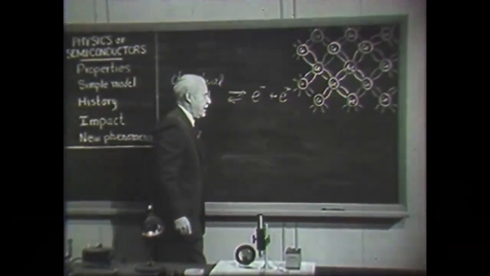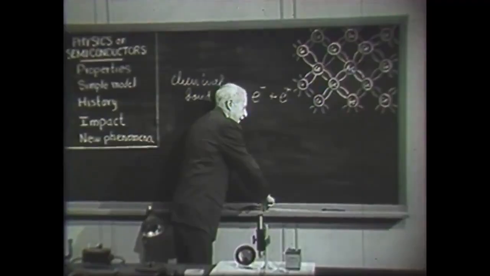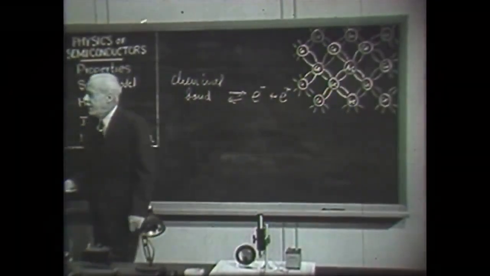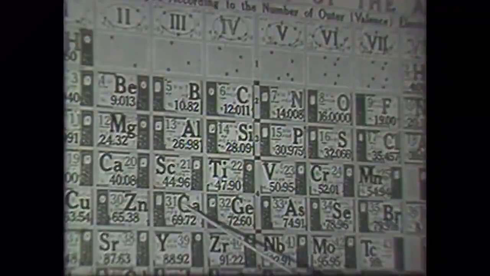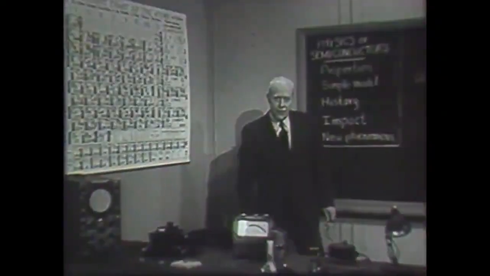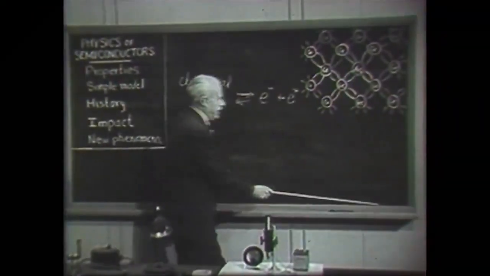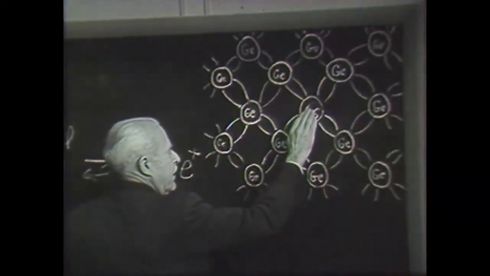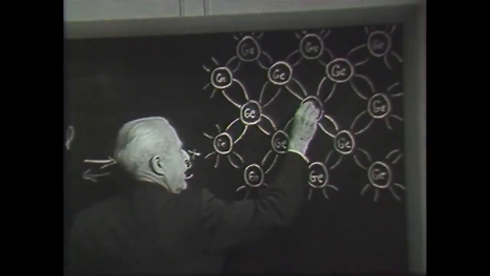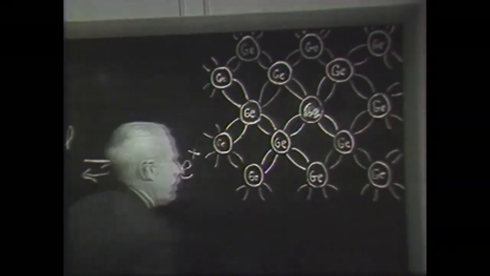To get the other type, we go back to our periodic table and pick out an impurity from the 3rd column of the periodic table, gallium. Putting this gallium in instead of the arsenic, we then have a situation where we only have 3 valence electrons to fill the bonding structure of the crystal.